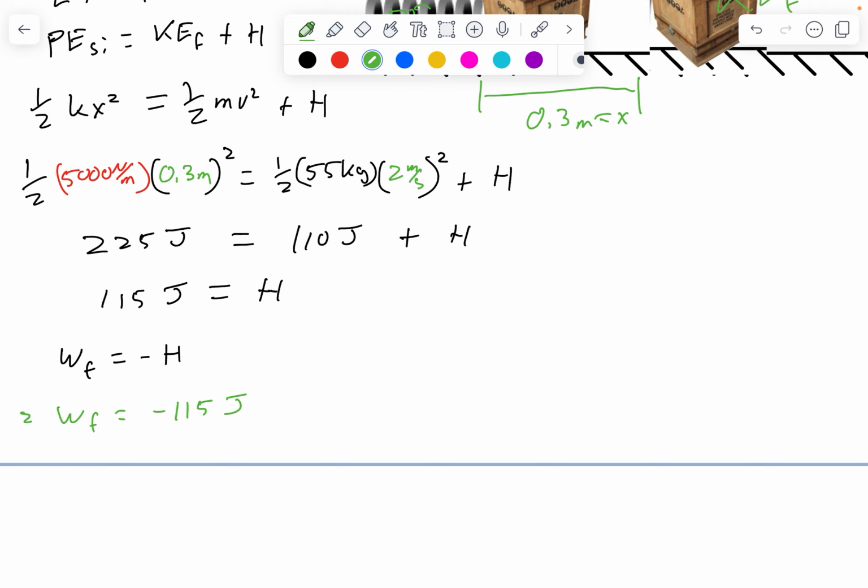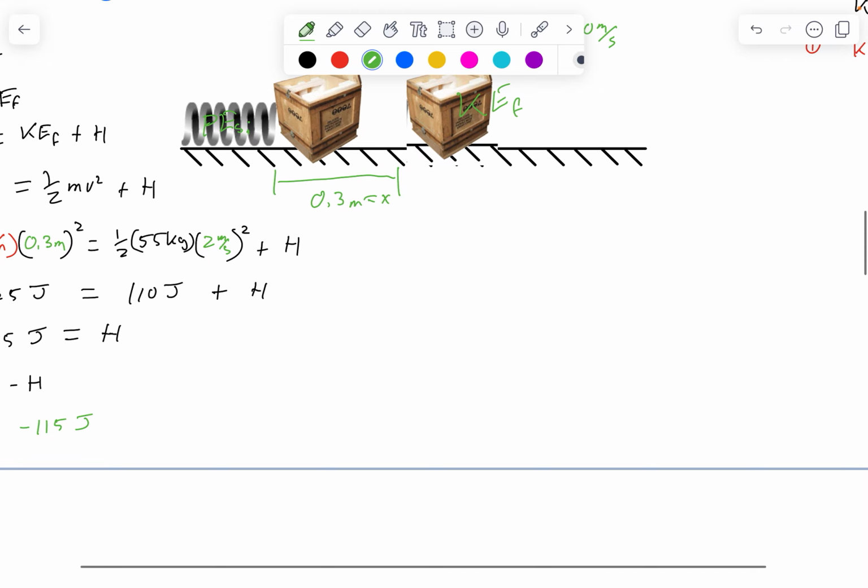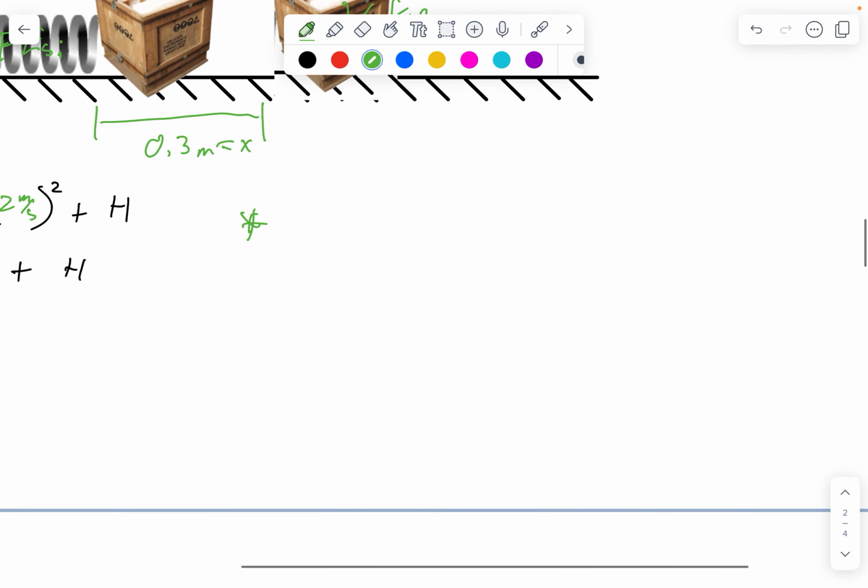Now, we could also solve this not just with energy, but from the perspective of work, just as a check. Remember that work is equal to the change in energy, delta E, the final minus the initial.